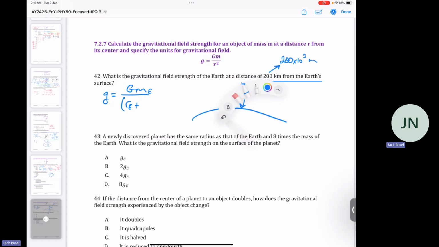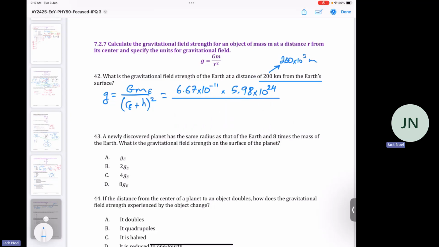So I have to add h, squared, equals G, which is 6.67 times 10 to the power of negative 11, times the mass of the Earth, which is 5.98 times 10 to the power of 24 kilograms. Now you're going to ask me, how did you know this? It's going to be given in your formula sheet. All right. So that's that.